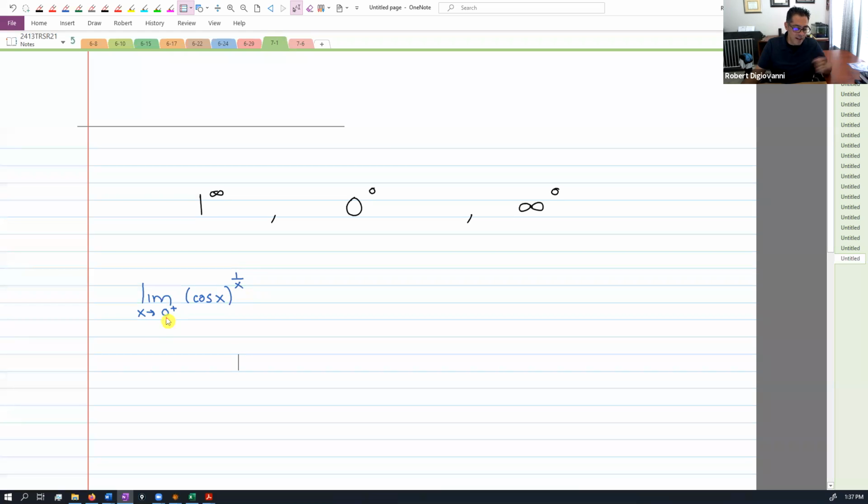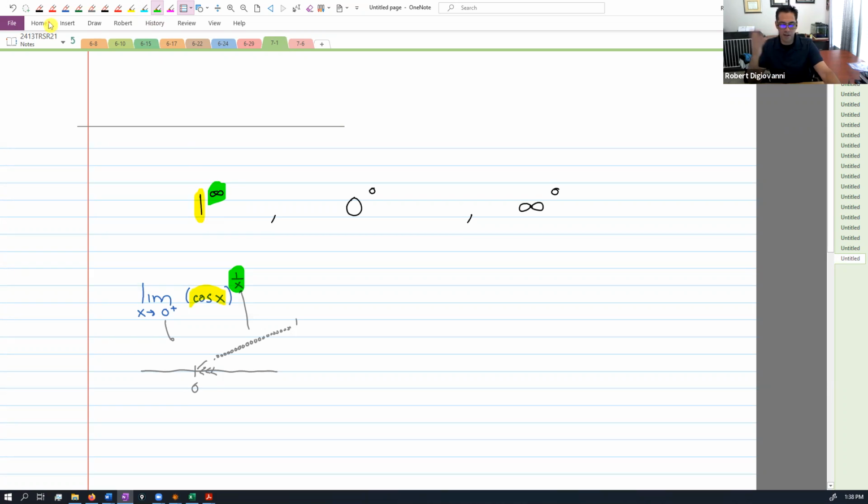If I take a number to the right of 0, really close, like 0.0000000000000000000000001, and plug it in, 1 divided by that number is going to be a huge number. So the base wants to approach 1 and the exponent wants to approach infinity.